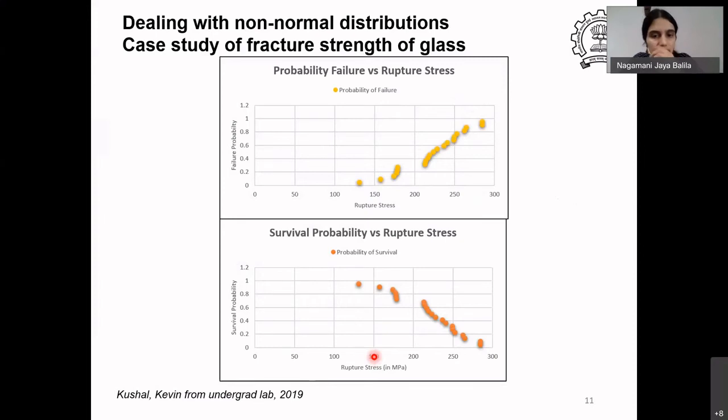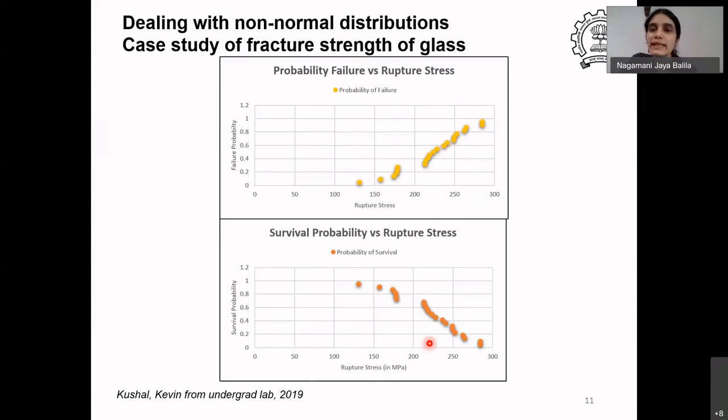Okay, so one can calculate, for the Weibull distribution, the shape parameter, which is also called the Weibull modulus, and the scale parameter, which is the sigma naught. I will show you the equation. So that is obtained at a survival probability of 37% or a failure probability of 63% or so.